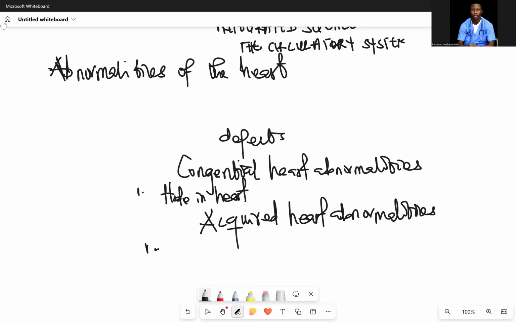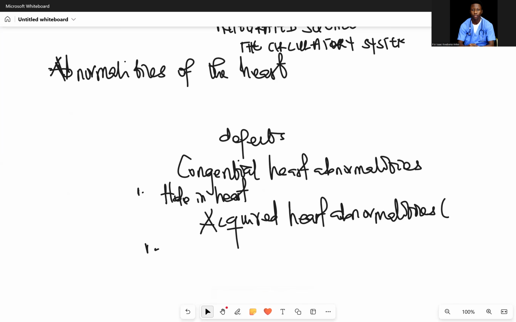So, let's look at other disorders. Acquired heart abnormalities. What did I say acquired heart abnormalities mean? They are defects of the heart. But congenital ones are also defects of the heart. What differentiates the two?